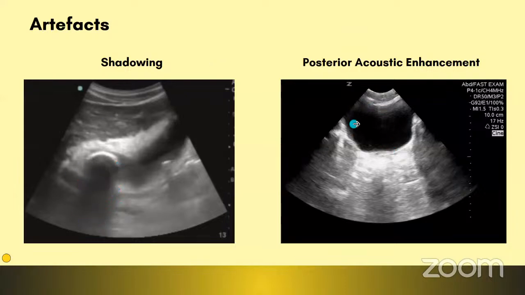On the contrary, if we have a fluid-filled space, in fluids the ultrasound pulses travel a bit faster than in air, but slower than in solids. So the attenuation is not as much. The energy of the ultrasound pulses is preserved as it passes through the fluid-filled cavity. Then once it hits the solid interface, it gets reflected more because there's a big difference in acoustic impedance between the two media.